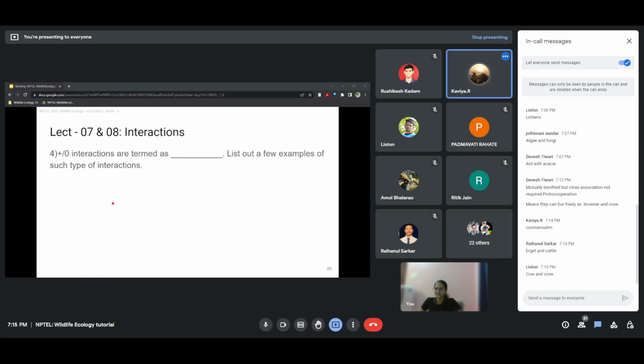Yeah, right. Exactly. So cow and crow, okay, a similar association between egret and cattle. Any other examples?